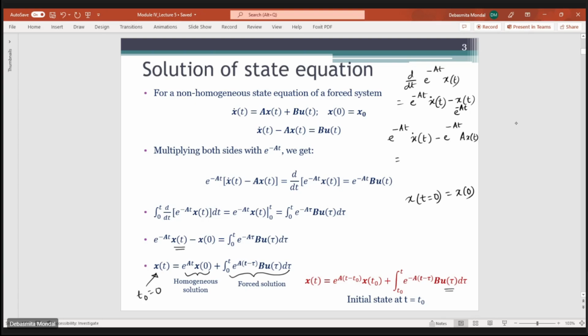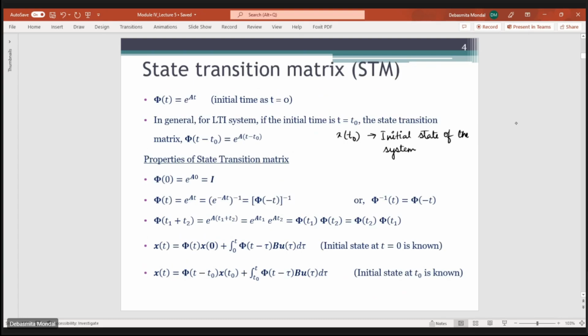This term e to the power A(t − tau) would be equal to phi(t − tau), and then you will have this term, right? So that is given over here. So you have phi(t), then x0, then inside the integral you have phi(t − tau), because we had e to the power A(t − tau), which is nothing but phi of (t − tau), and then you have B u(tau) d tau.